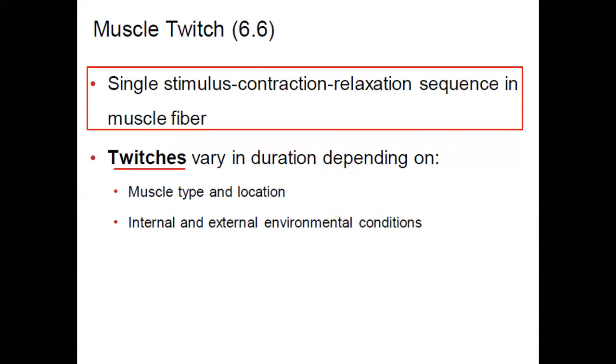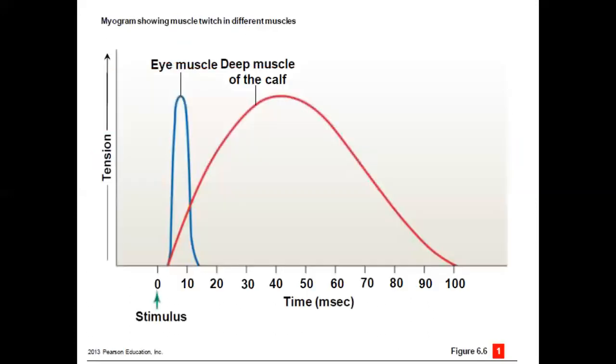In one muscle cell, one contraction relaxation cycle is a muscle twitch. And twitches can vary in duration, how long they last, depending on the muscle type and location, and some other environmental conditions. Right here is the point of stimulus, and then contraction in an eye muscle is super quick.